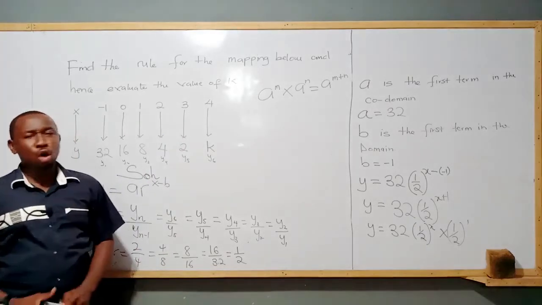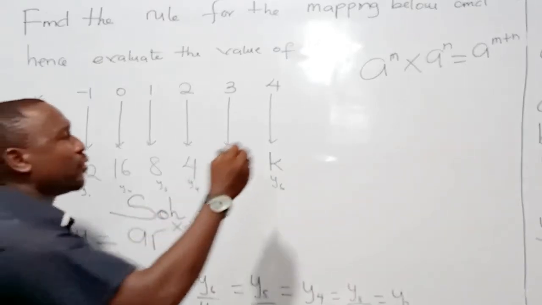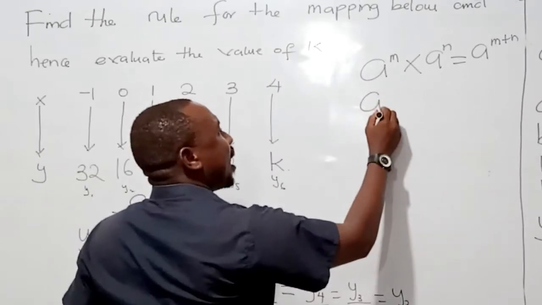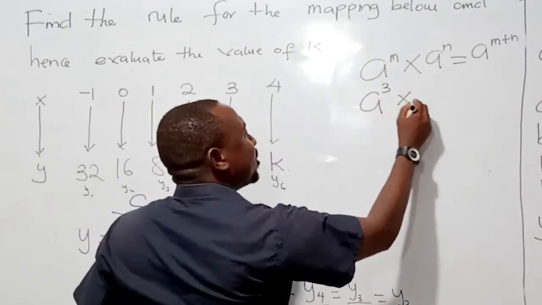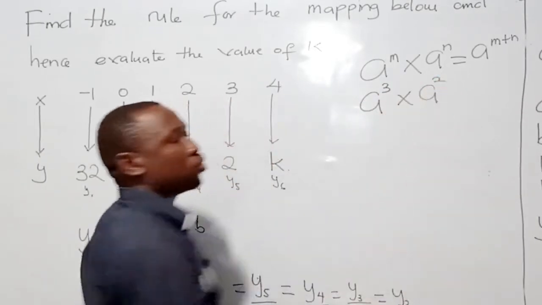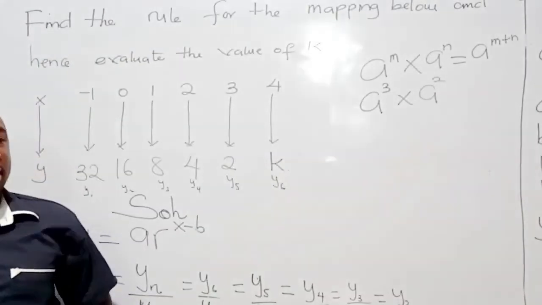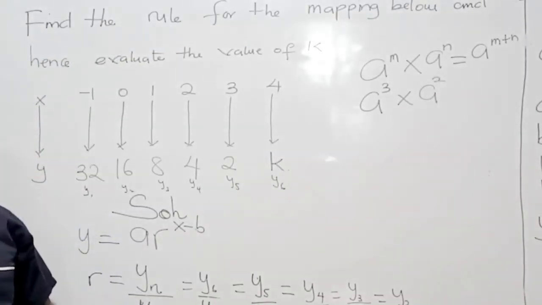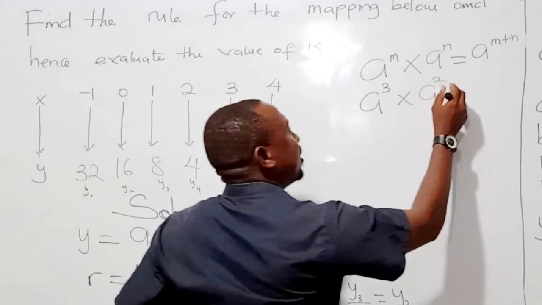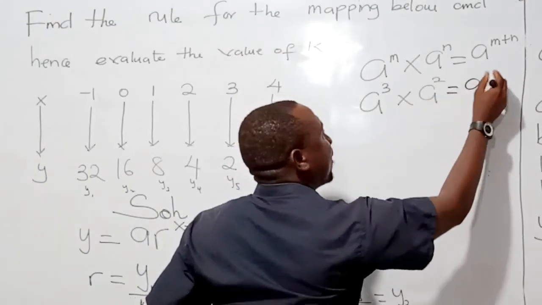The student should also know that if you have a to the power 3 times a to the power 2, it is also the same as a to the power 5.